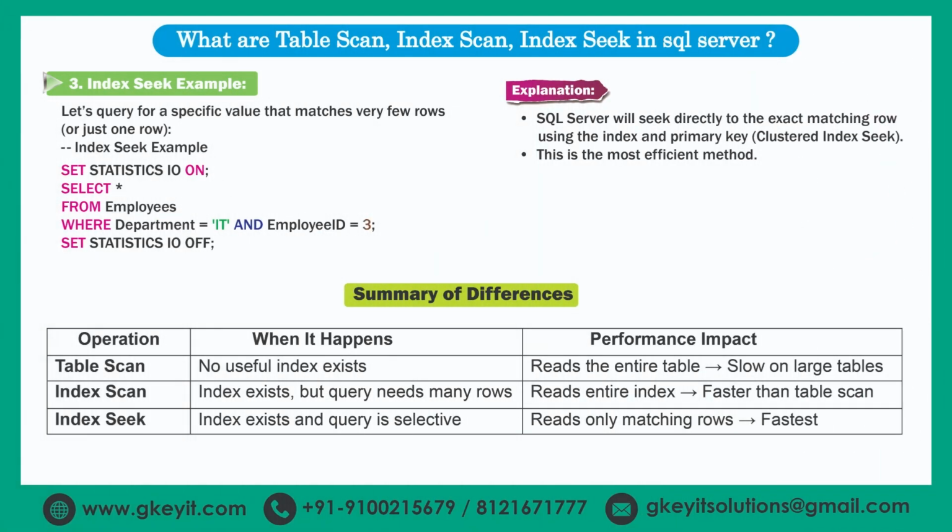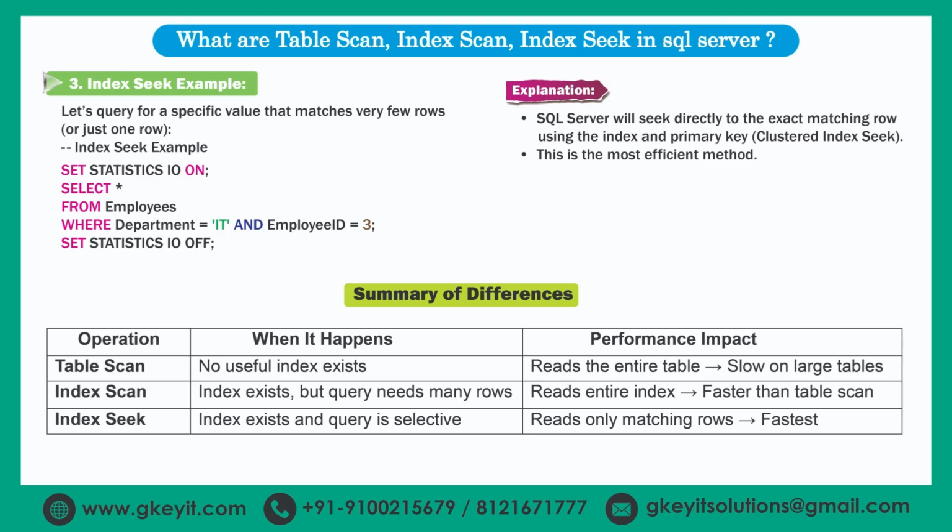Coming to the third part, that is index seek, let's query for a specific value that matches very few rows or just one row. Here we have set statistics IO on and off, and we are selecting the data like select star from employees where department is equal to IT and employee ID is equal to 3. We are selecting the particular record here.